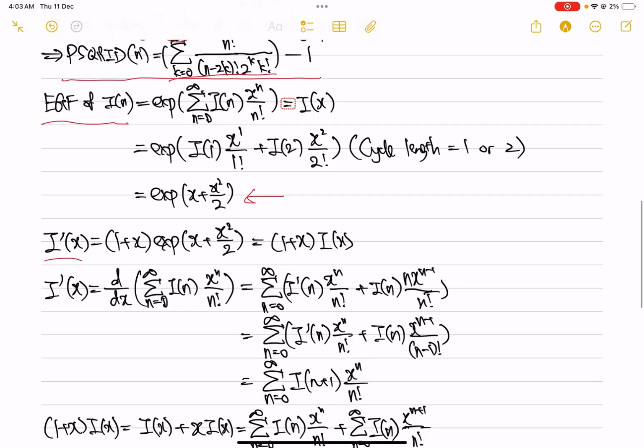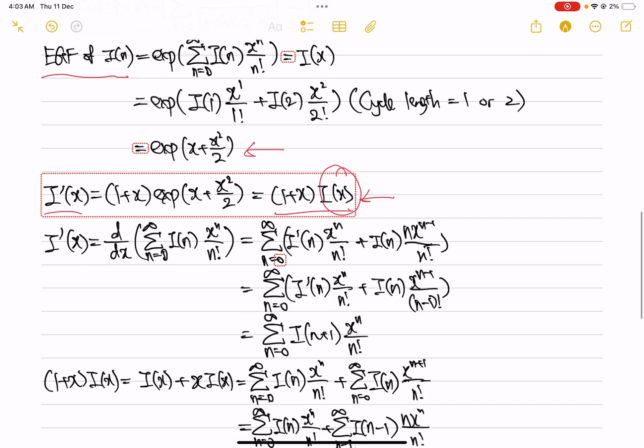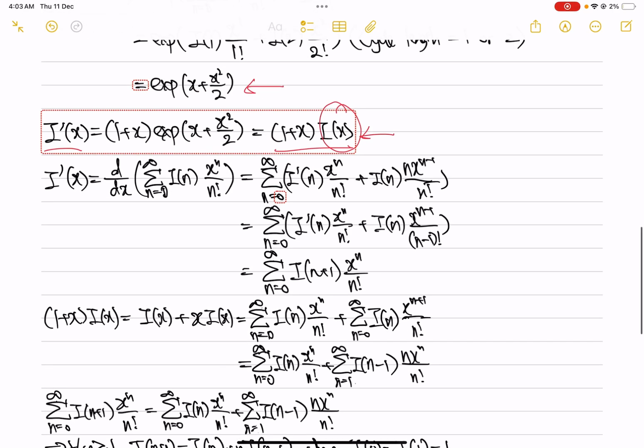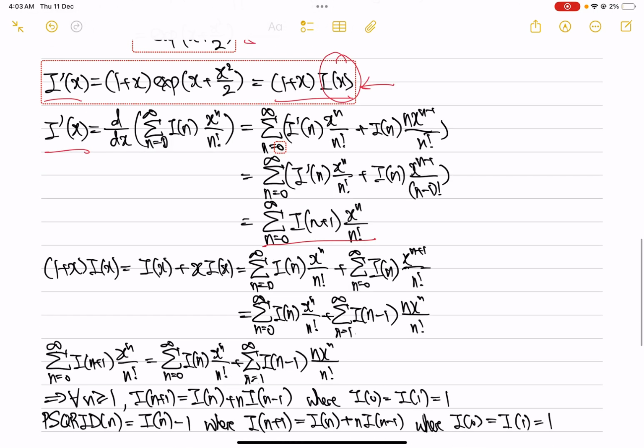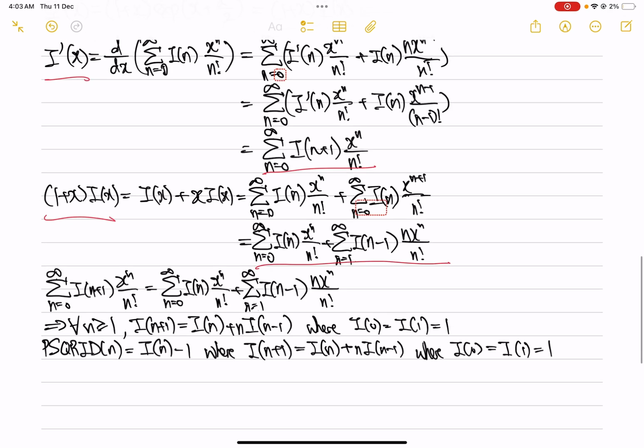Differentiating that also gives you a recurrence back to the relation of its original. This is how you compute the differentiation of I(x). This is how you'd compute 1 plus x multiplied by I(x), and you'd have something like this.